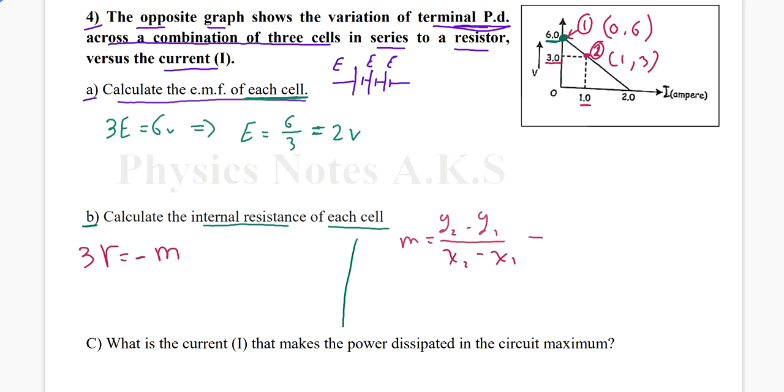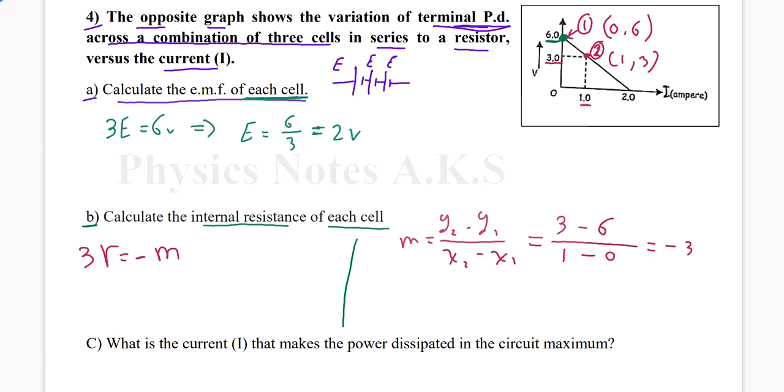So here we complete: y2 is 3 minus y1 is 6, over x2 is 1 minus x1 is 0. So it's going to be minus 3. This is the gradient.